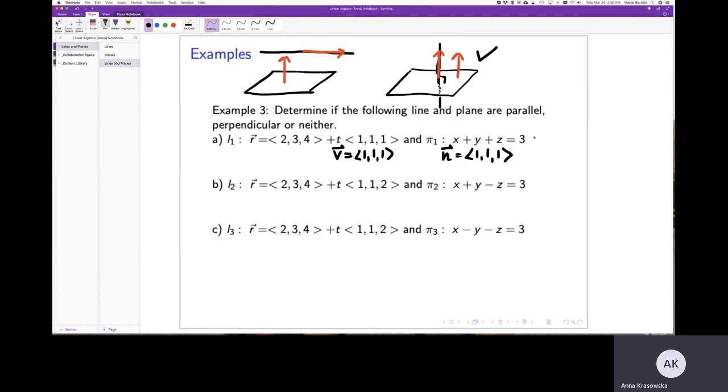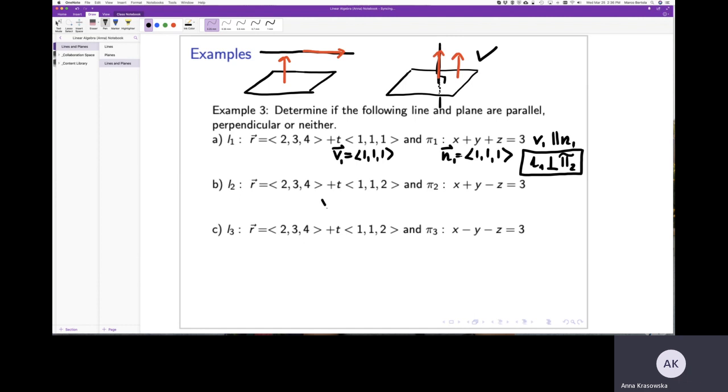I will write that V1 and N1, because they are the first case. Those are parallel, but what does it mean for the line and plane? The line and plane are perpendicular. Okay, that's this second case.